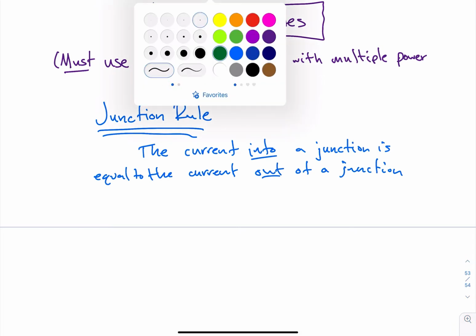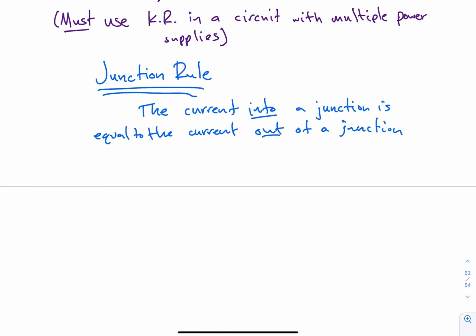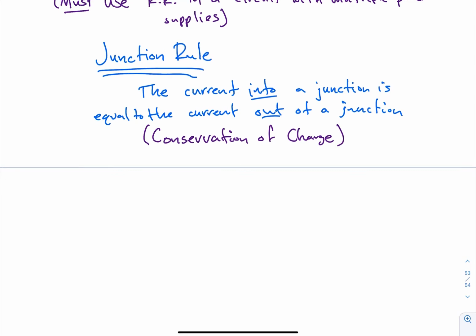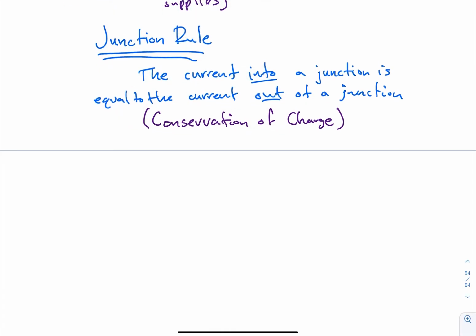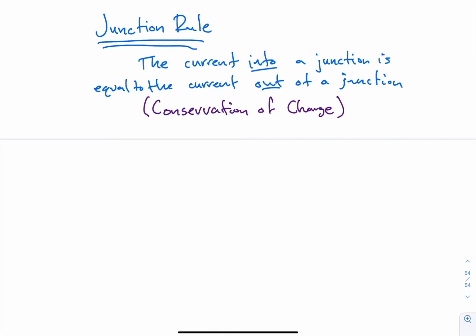I would like to note that this rule is derived from a very fundamental law, the conservation of charge. We know that there can be no buildup of charge at any point in a circuit in which a current is established. The current is always going to flow throughout the circuit.